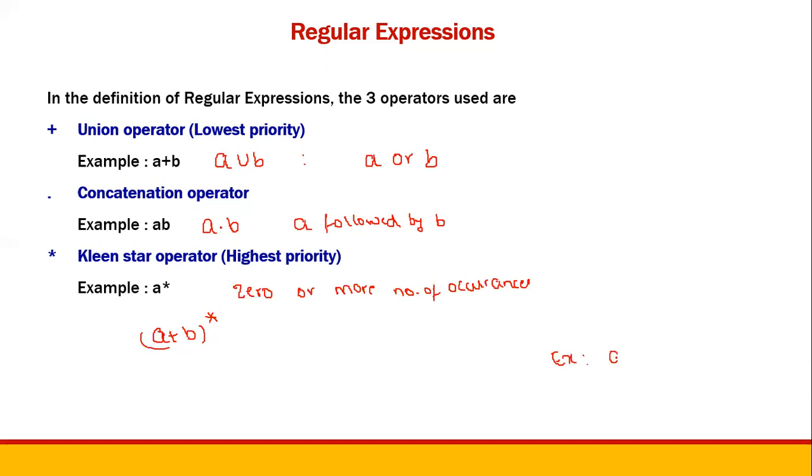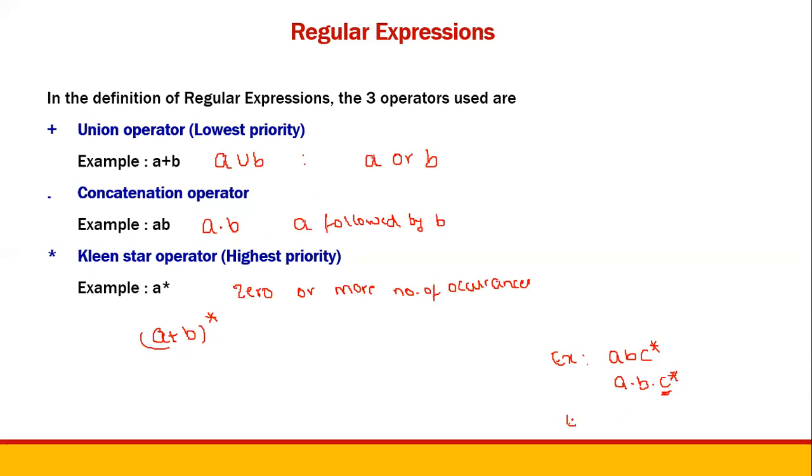Suppose I give, let's say A, B, C star. According to this one, we have A followed by B followed by C star. So since star is never enclosed in any of the brackets here, that means this Kleene star is applied only to C. It's not for the entire ABC expression.